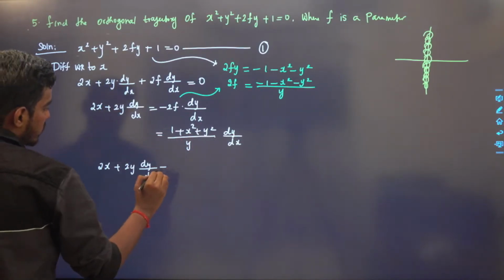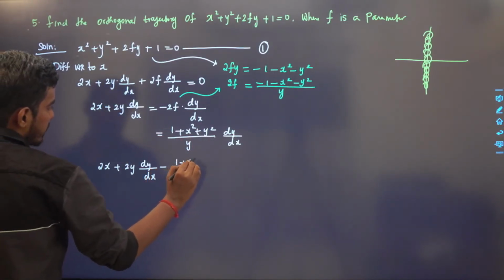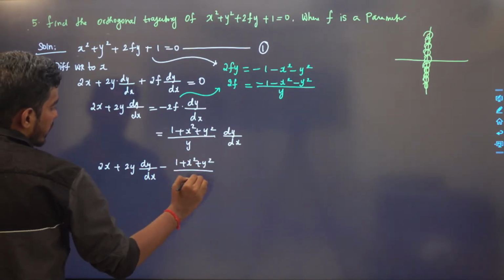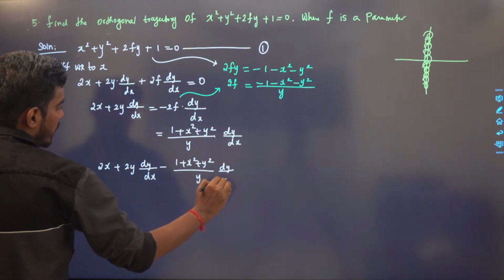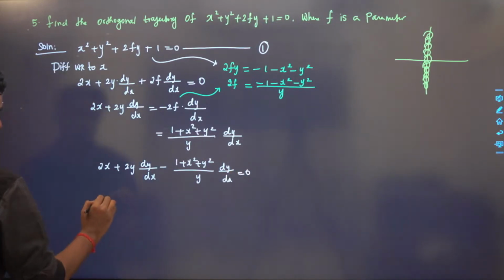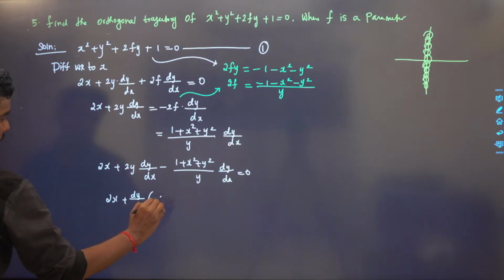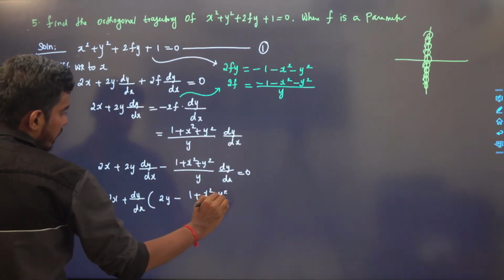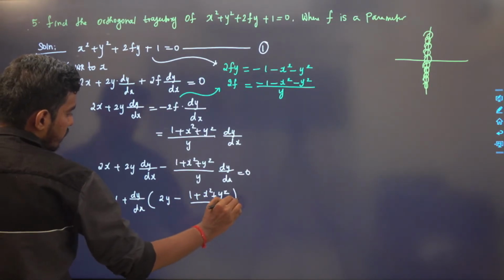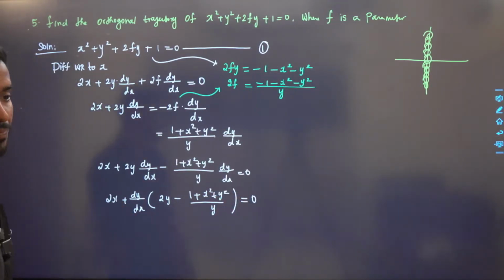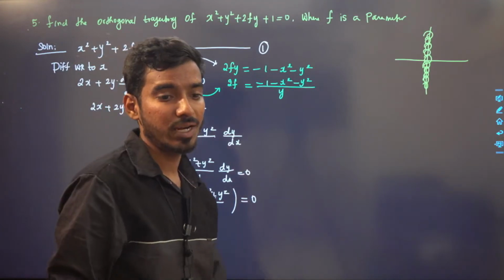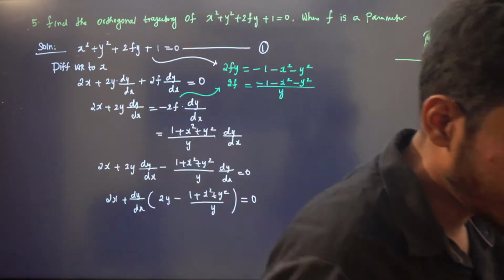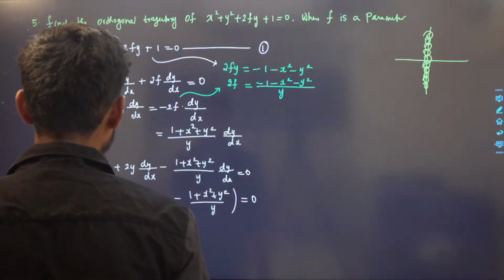Let us take this term here. So 1 plus x square plus y square by y dy by dx is equal to 0. So 2x, and if I take dy by dx common here, 2y minus 1 plus x square plus y square by y is equal to 0, right? So we will simplify this. After that we will replace dy by dx by minus dx by dy.